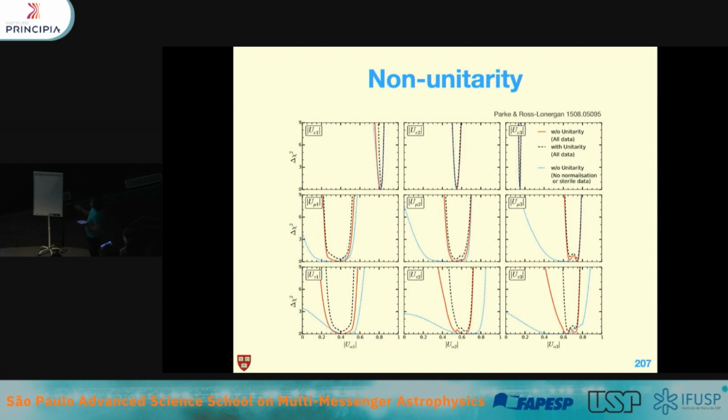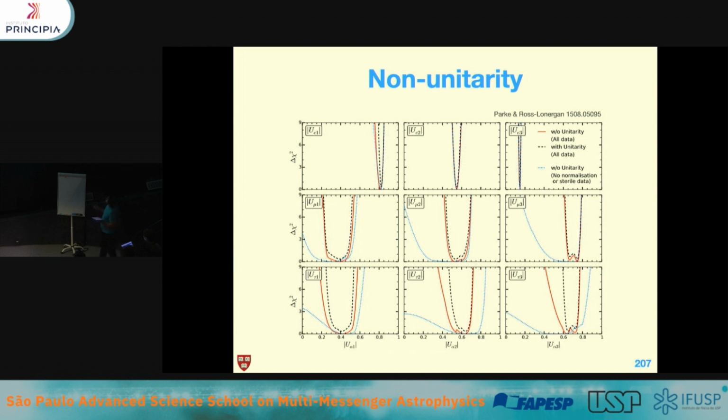However, if you assume no unitarity in the neutrino evolution, what does that imply? It implies that, for example, you could have additional neutrino states. This is not such a wild thing to believe, because we know that neutrino masses exist. That means that at least some new neutrino state must exist to provide those masses. The question is what is mass and what is not.